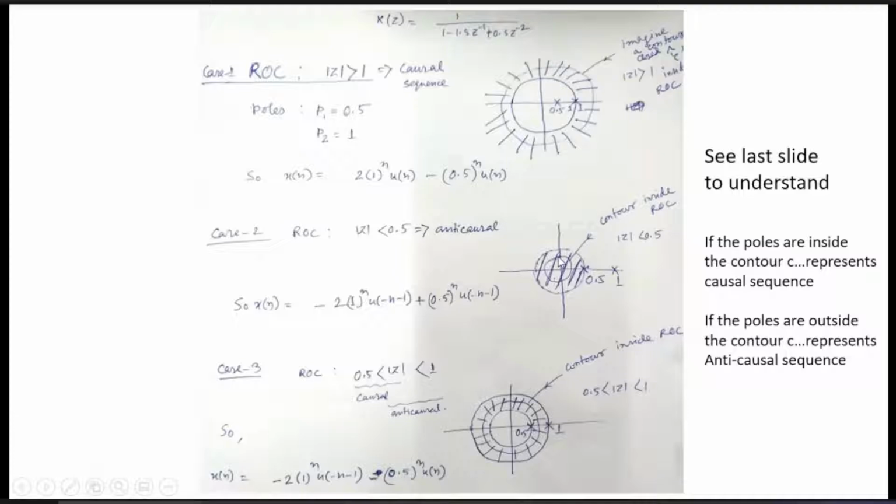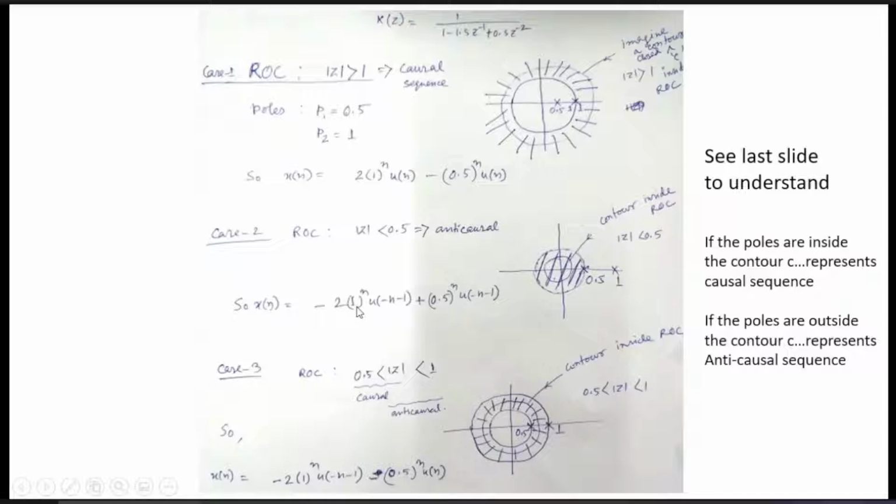So what is there, we again have to imagine the same thing. There is one circle, one contour, within this ROC. Now you have to see whether those two poles are lying outside the contour or not. You can see those two poles, 0.5 and 1, are lying outside the contour.